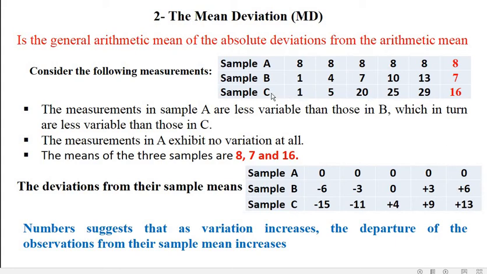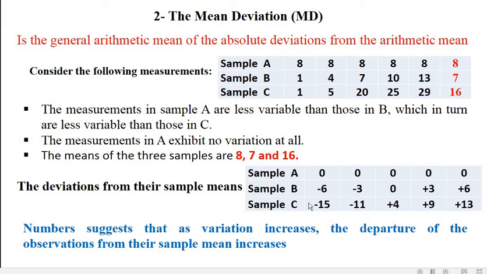In sample C, they will be minus 15, minus 11, plus 4, plus 9, plus 13. These are the deviations of the readings of samples A, B, and C.